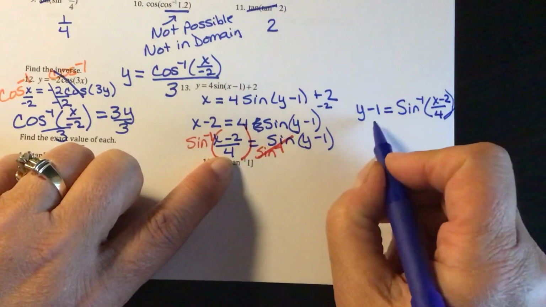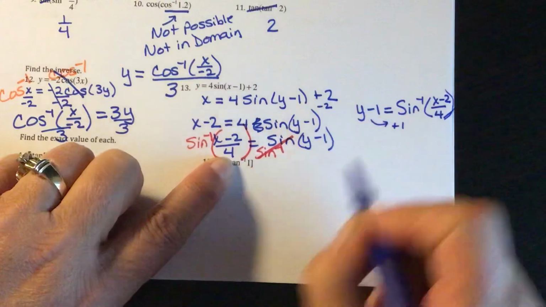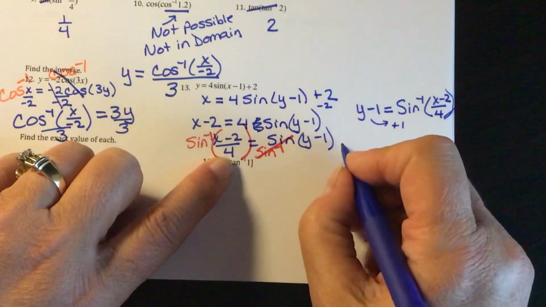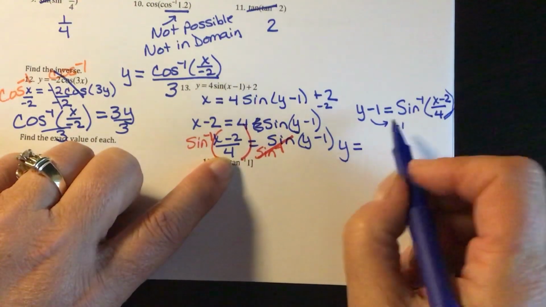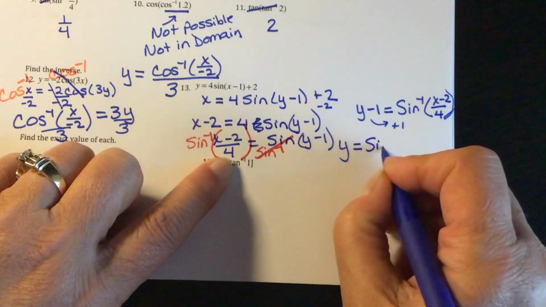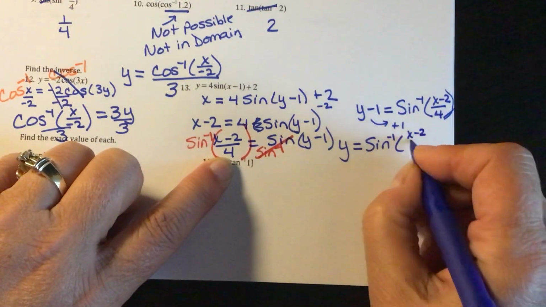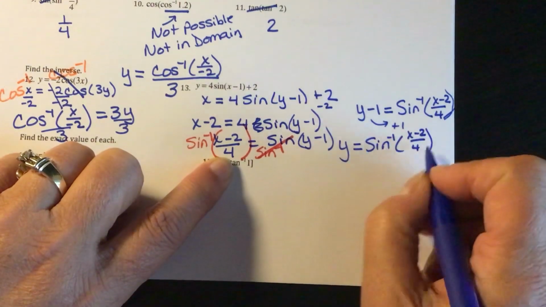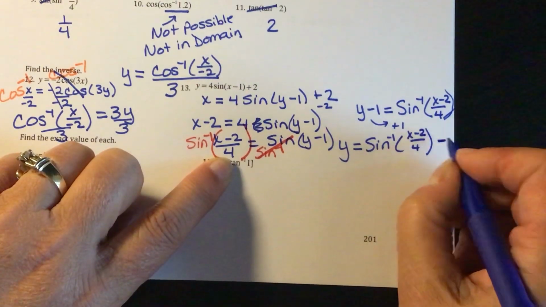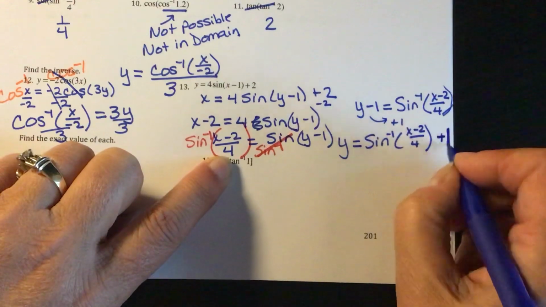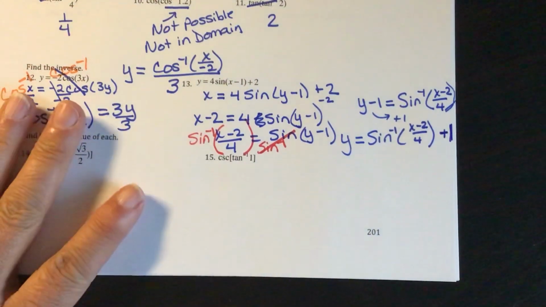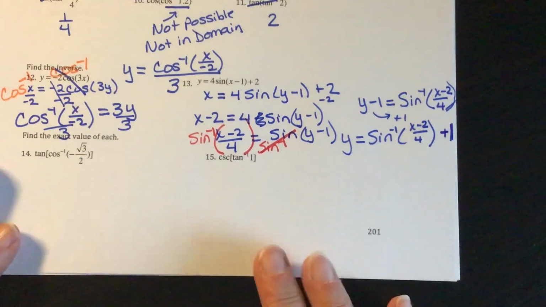And then the last thing I'll do is add 1 to both sides, and I'll get y equals sine inverse of x minus 2 over 4, and then all of that I'm going to add 1 at the end.